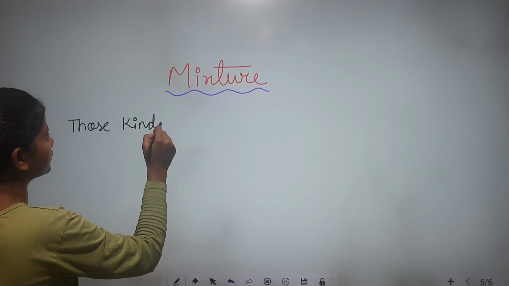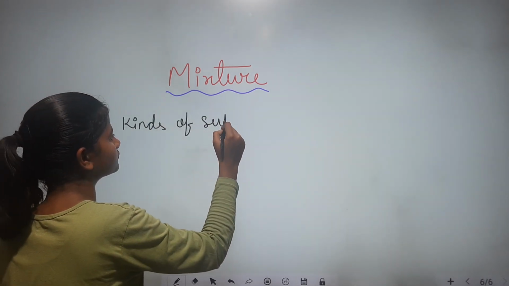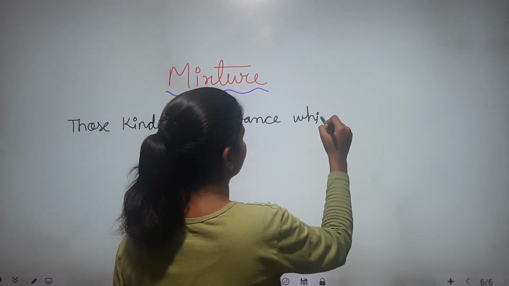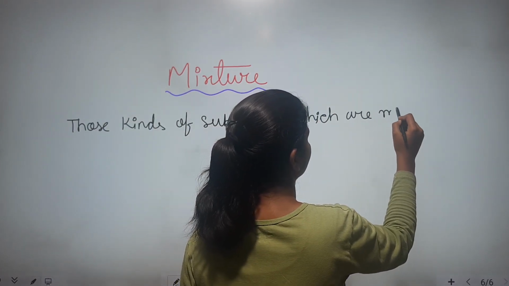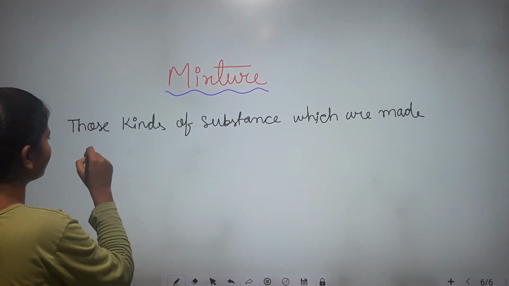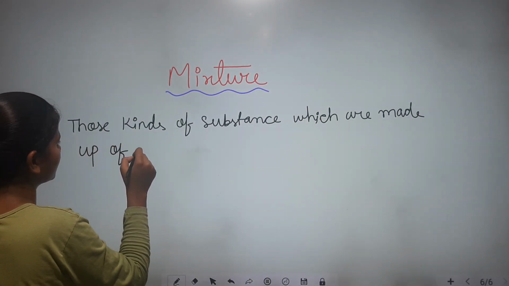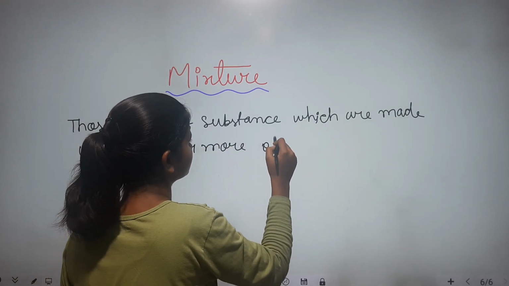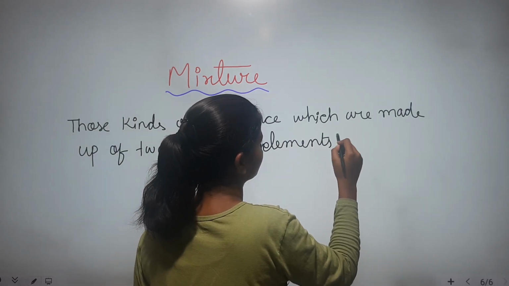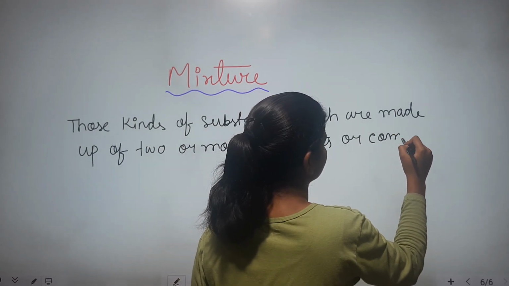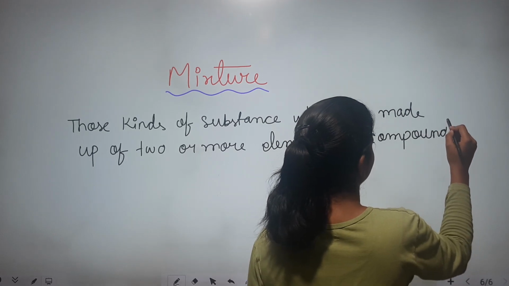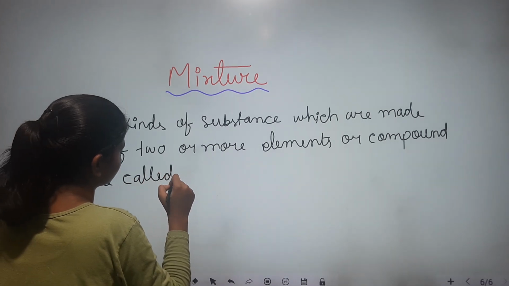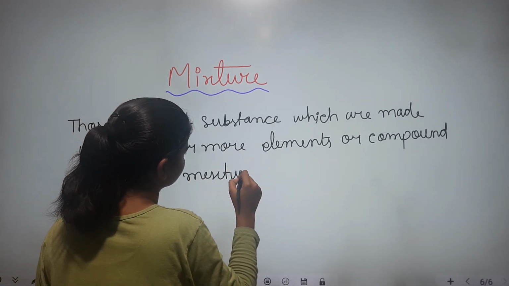Those kinds of substances which are made up of two or more elements or compounds are called mixture.